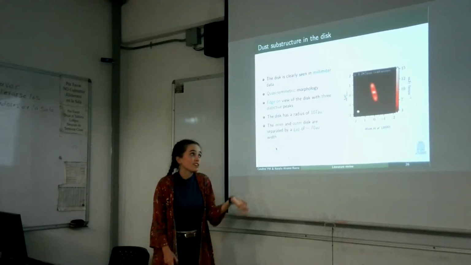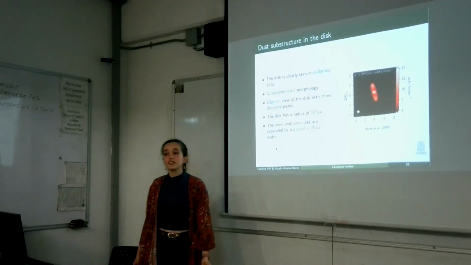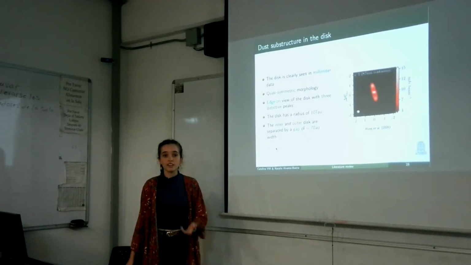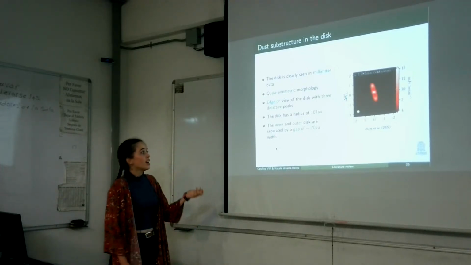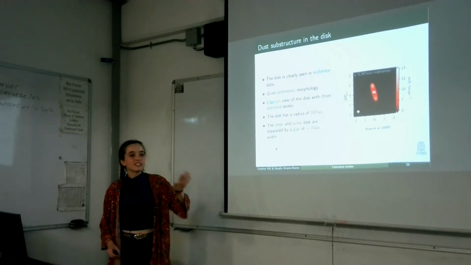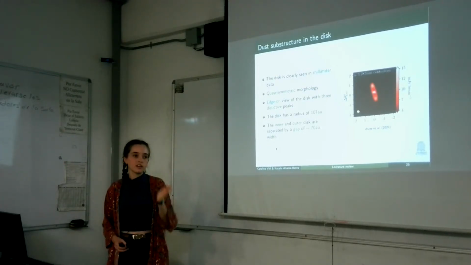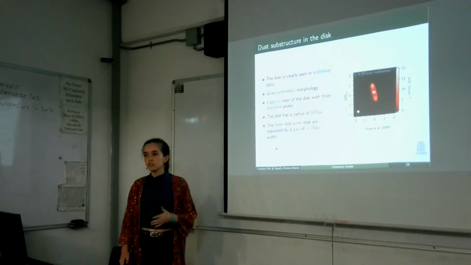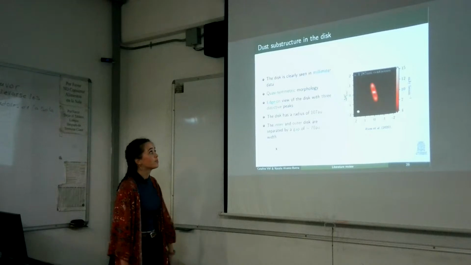And of course, in the center, we can expect a star. The disk has a radius of 107 astronomical units, and the disk is edge on. It's not tilted, it's totally edge on, so it's easy for us to see.